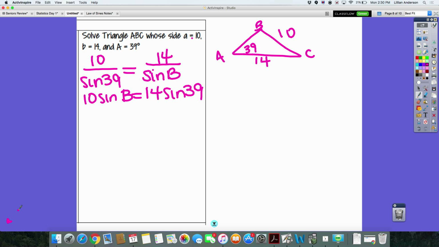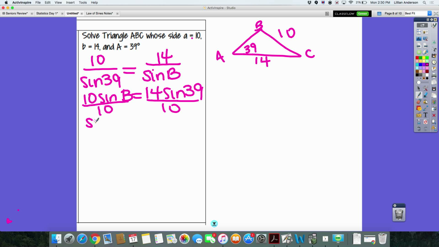Now from here, I have to solve for B. The first thing I'm going to do is what? Divide by 10. I cannot divide by 10 sine because sine, just like cosine, just like tangent, is always attached to the angle. So first we have to get rid of the number that's in front of it.